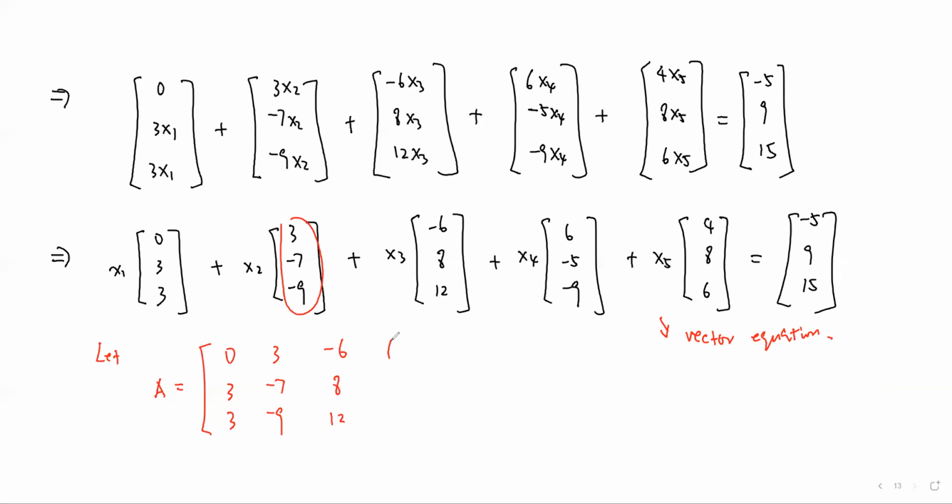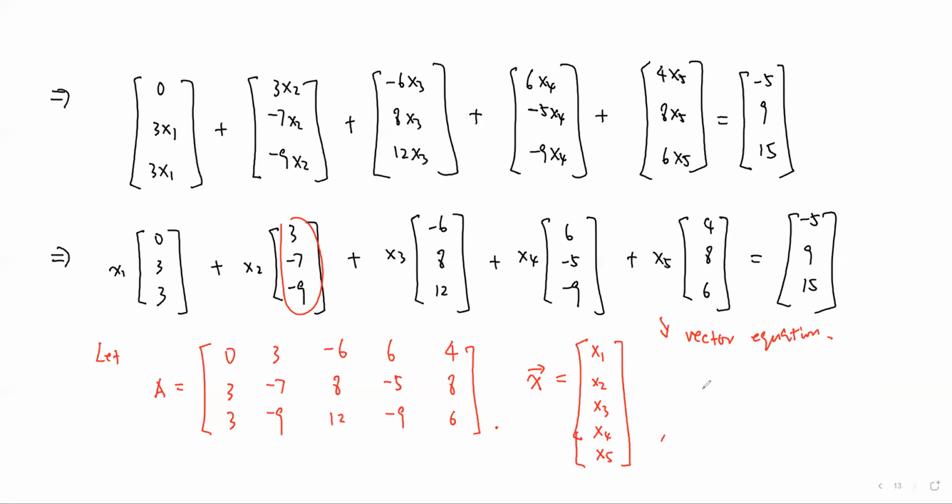Then the fourth column, not yet. Now the fifth column: 4, 8, 6. And I also put the unknowns x1, x2, x3, x4, x5 together into a vector. This is an unknown vector.